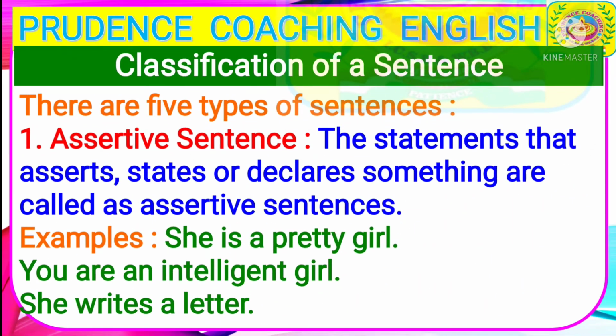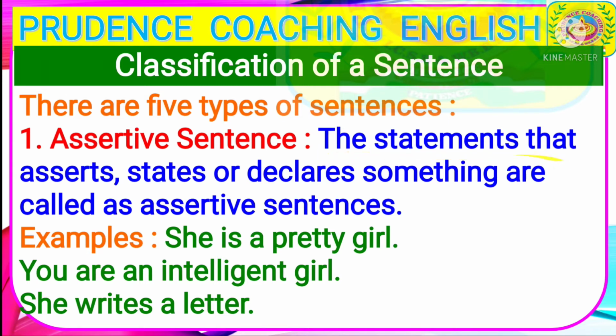Next, now we will go through the classification of a sentence. There are 5 types of sentences. So how many types of sentences are there? 5 types. First one, assertive sentence. What is assertive sentence?